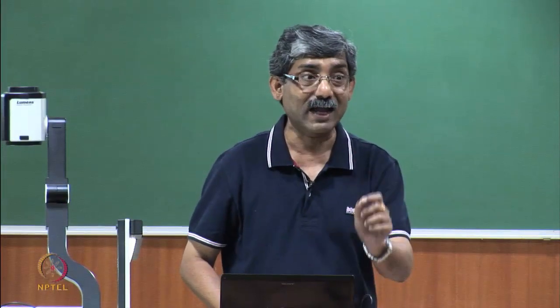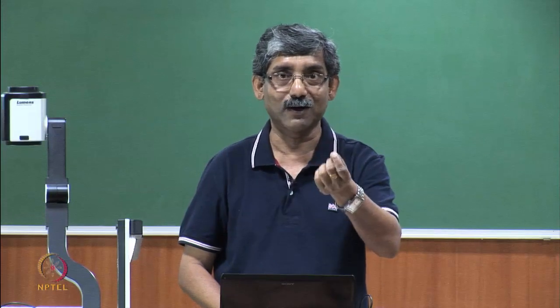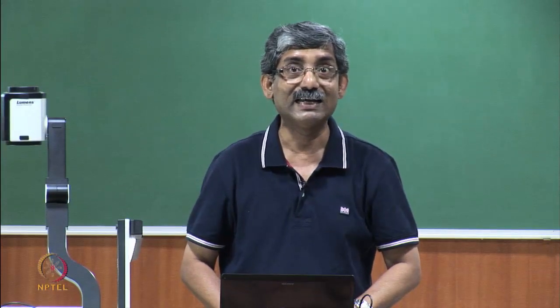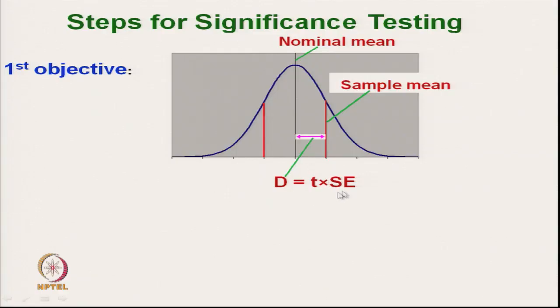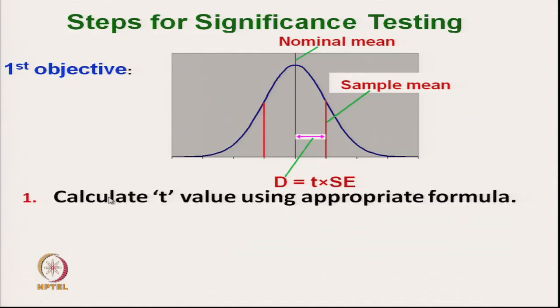Here it is t times the standard error. We can get the standard value of t from the t distribution table. So, t can be calculated as the difference in mean divided by the standard error. Then, how to calculate the t?